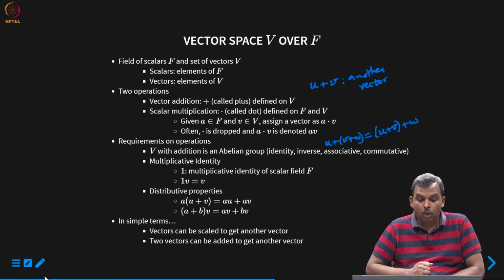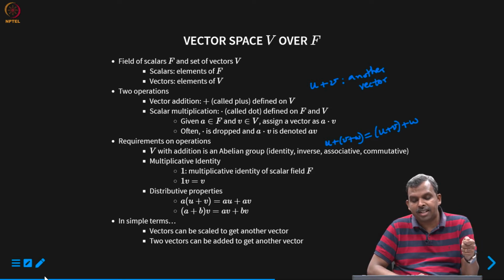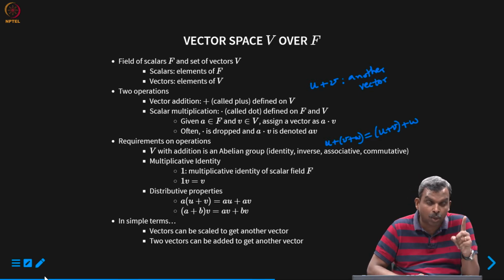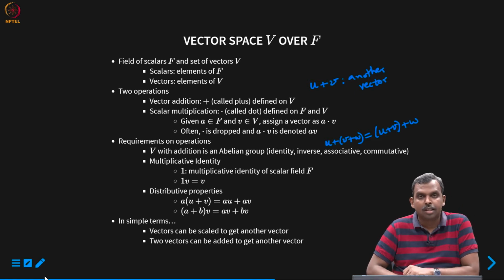Now there are further requirements. The scalar multiplication should satisfy this multiplicative identity property. What is that? If you take the multiplicative identity of the scalar field, which is 1, in the real numbers, for instance, you have the real number 1, you also have the complex number 1, 1 plus i0, that 1 is the multiplicative identity. Why is it a multiplicative identity?